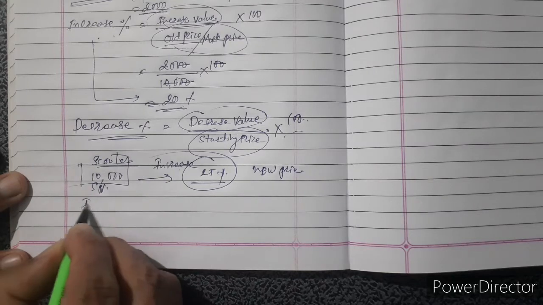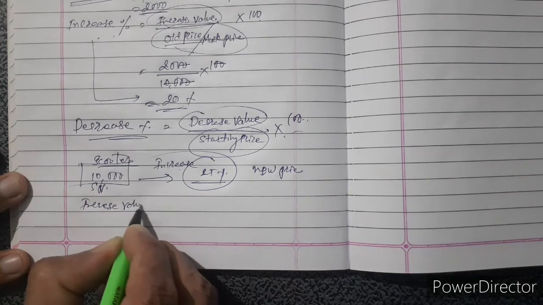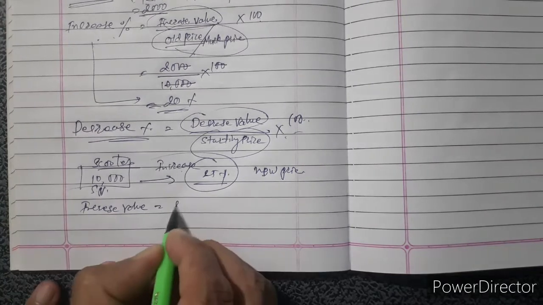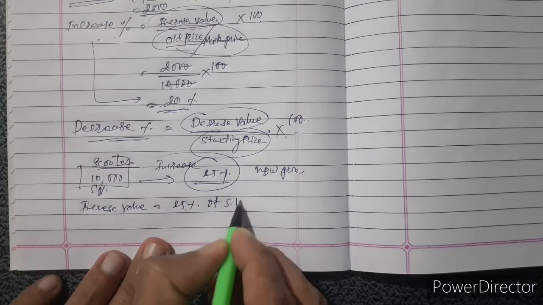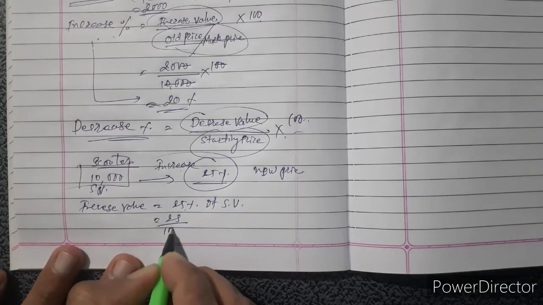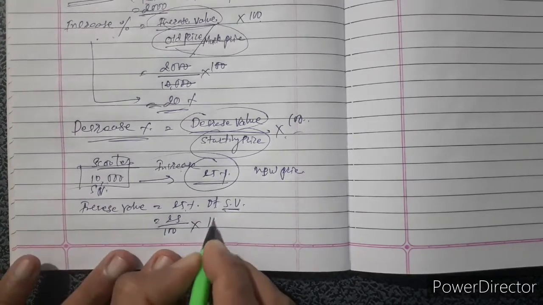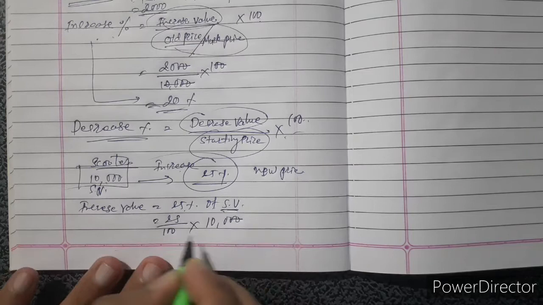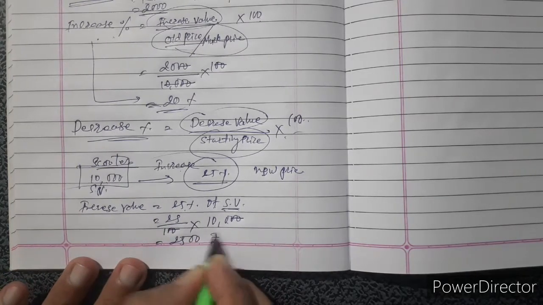So increase value equals 25% of starting value. 25% means 25 upon 100, 'of' means multiply, of the starting value, that is 10,000. 25 into 100, that is 2500 rupees.